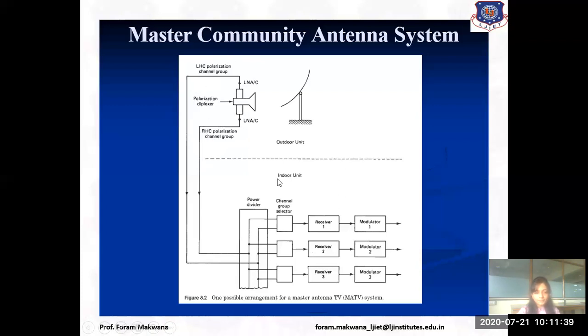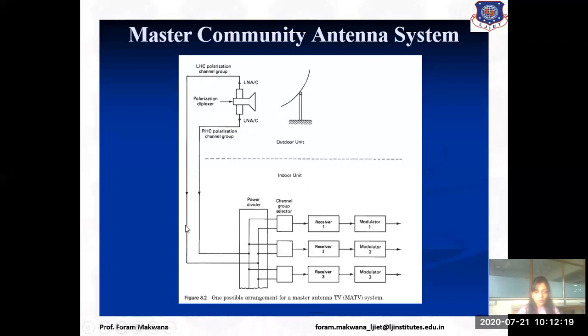The reason is we are dividing the channels into two parts, because we first divide them and then they are selected with the help of the channel group selector. That's why a polarization duplexer is used to convert the channels into left hand circularly polarized as well as right hand circularly polarized channels, so that they are applied to the indoor unit.